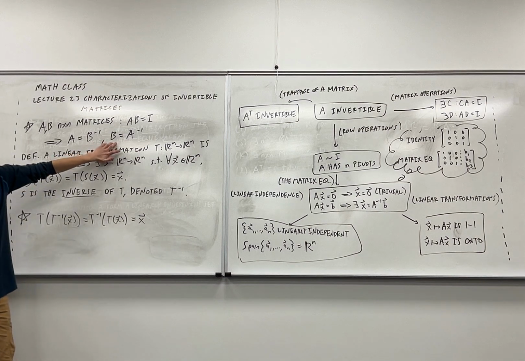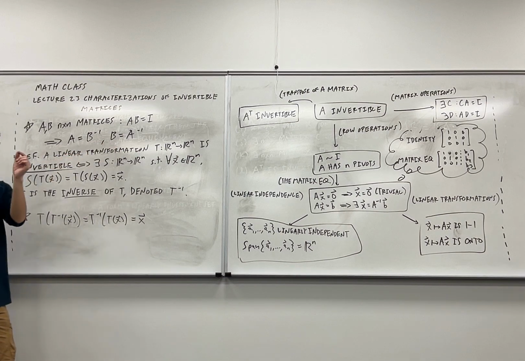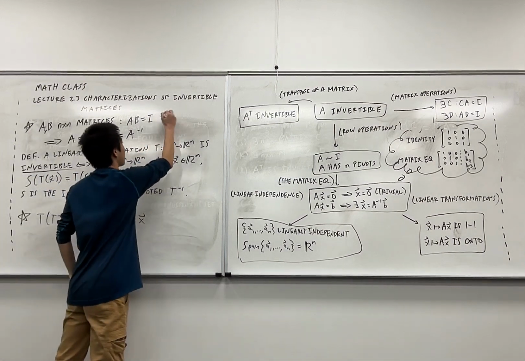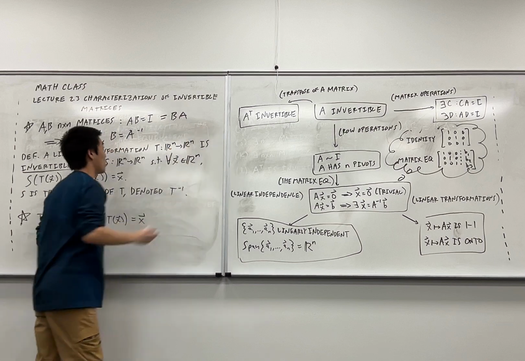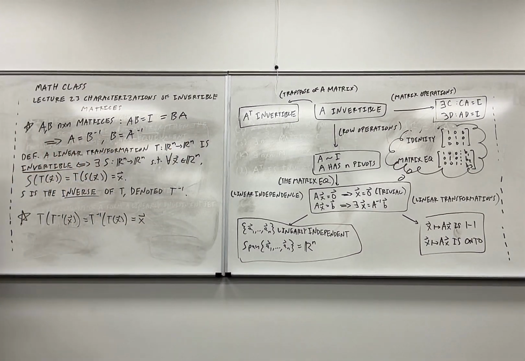Under the hood, this is implying that if you have invertible matrices, their inverses can commute. So essentially, this is also BA, but only because they're each other's inverses. So if AB equals I, you can guarantee BA will also equal I?